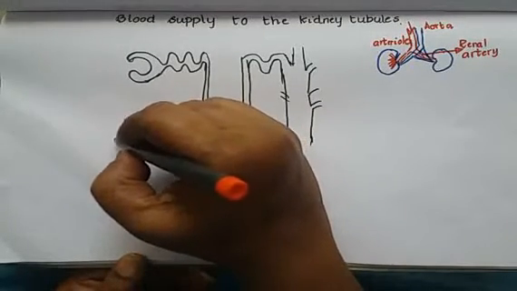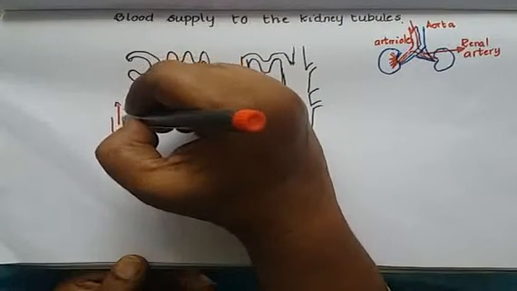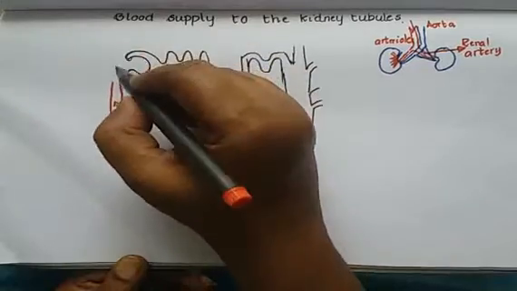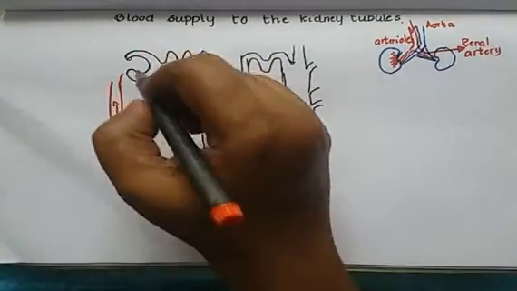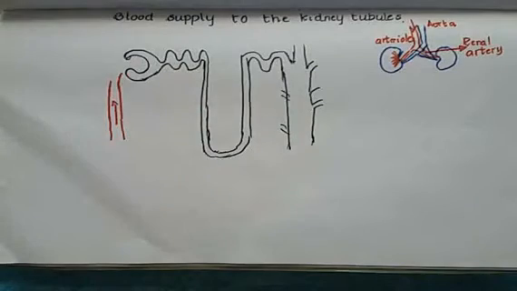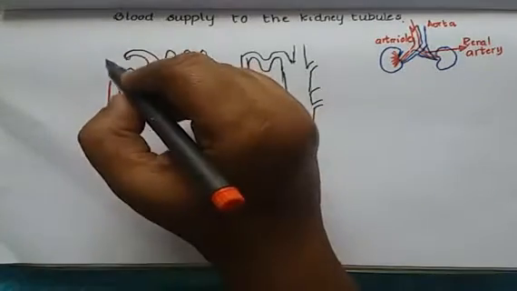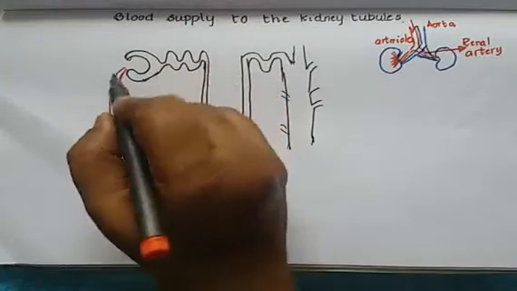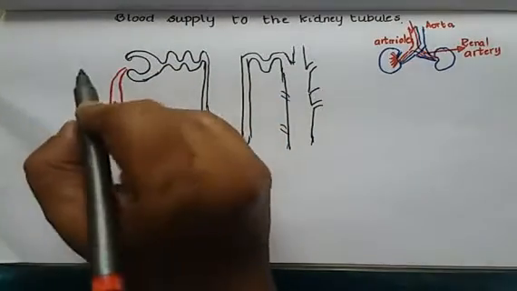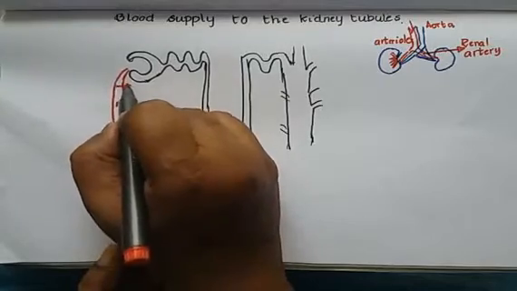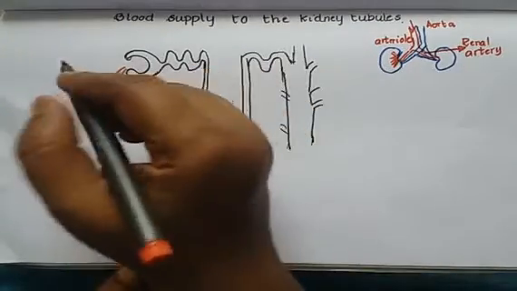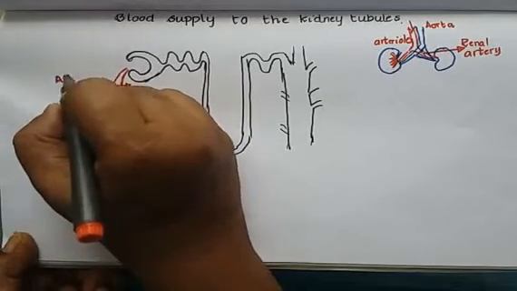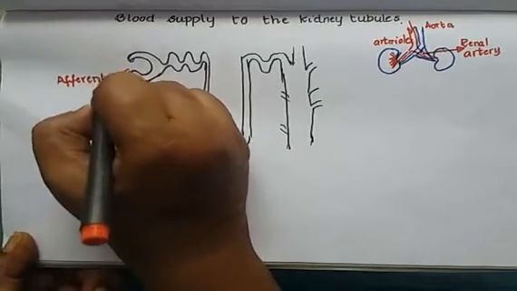Thus the aorta branches out, forms a renal artery which enters every single kidney, and finally the renal artery branches and rebranches and enters the nephron. At the end of the renal artery we find the smallest branch of an artery, and we name that smallest branch as the afferent arteriole.